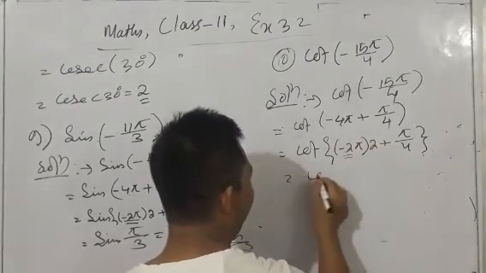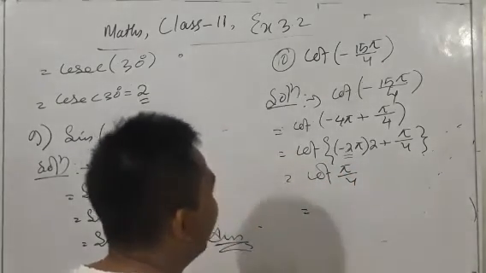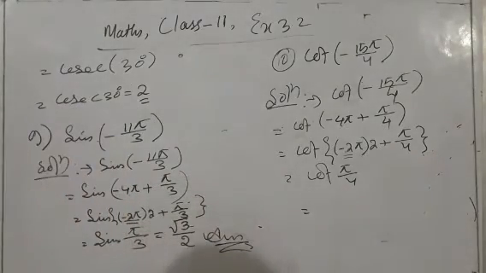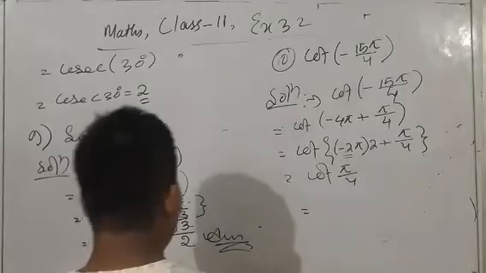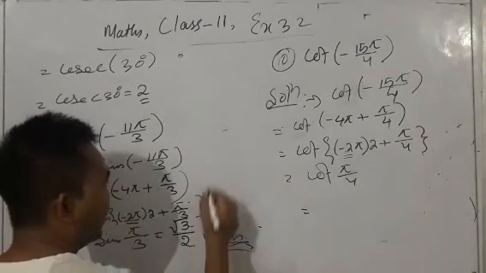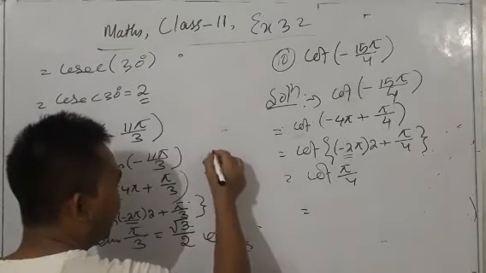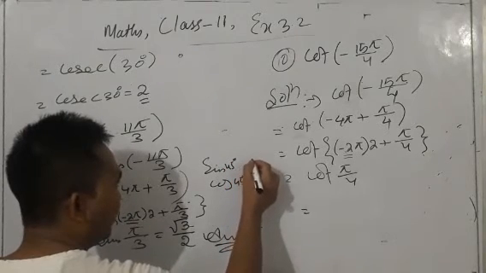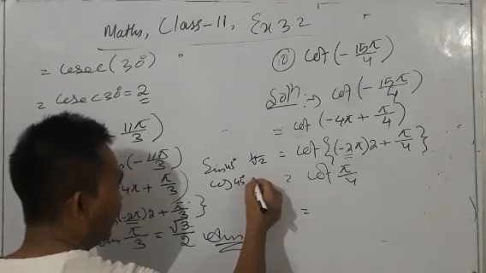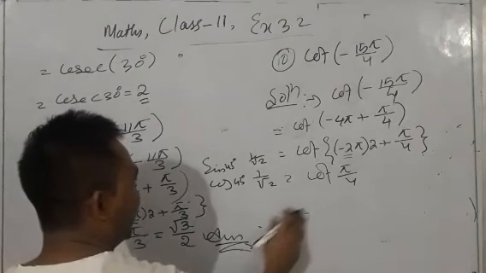So cot pi by 4 is equal to what? Cot pi by 4, how much? At pi by 4, as we know, sine and cos at 45 degrees, sine 45 and cos 45, the value of this is 1 under root 2 and the value of this is also 1 under root 2. The same thing. What is cot?